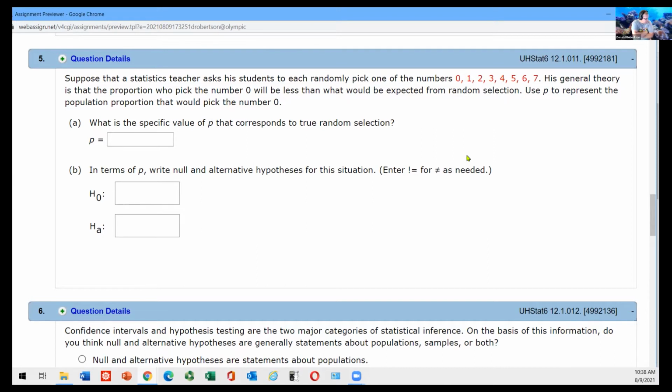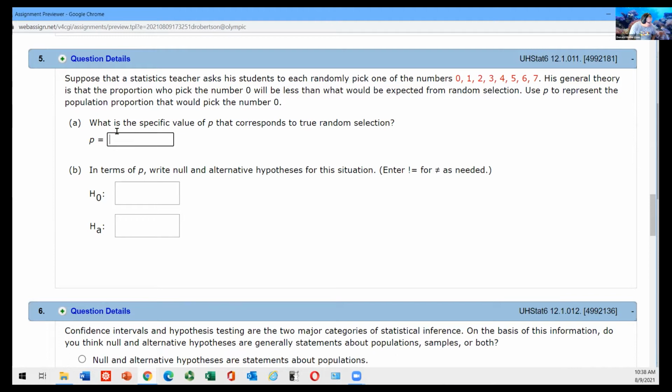Now, suppose that a statistics teacher asks his or her students to randomly pick a number from 0 to 7. His general theory is that the proportion who pick the number 0 will be less than those you would expect from just randomness. Use P to represent the population proportion that would pick 0.